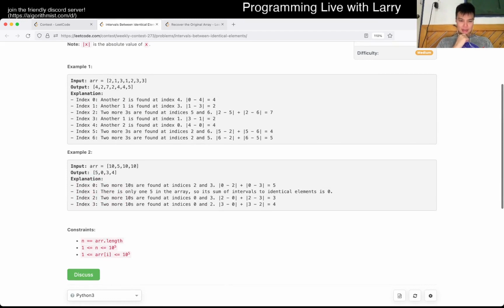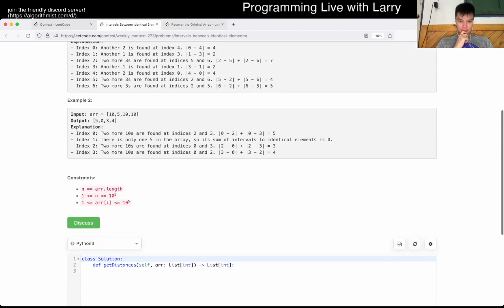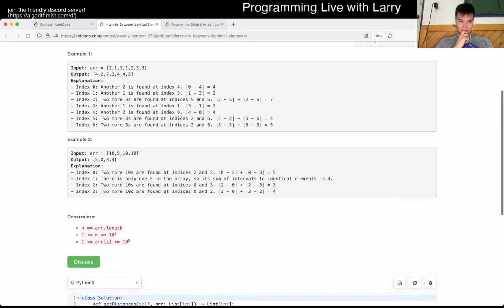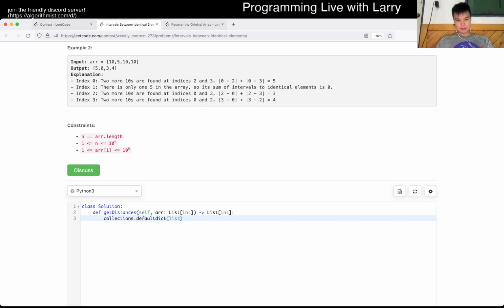Let's see. 0, 2, 3. I mean, okay, now I have to figure out how to process this, but I guess this part is so far so good.